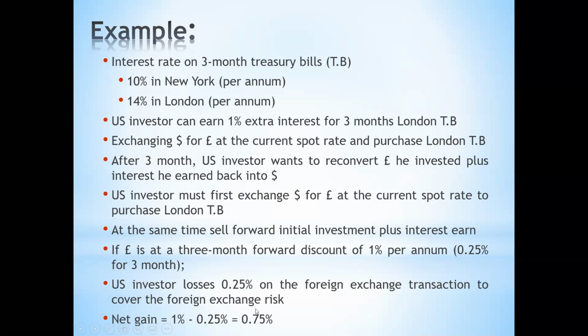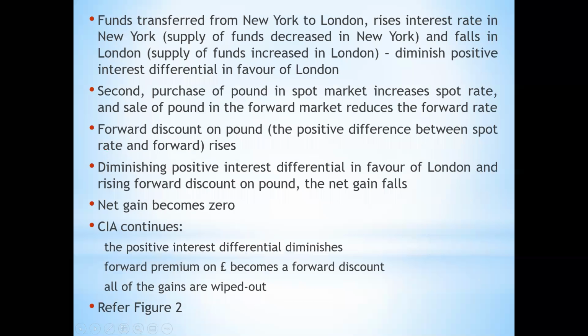So people are still dealing with interest arbitrage. But if this process continues, this 1% gain decreases and this forward discount increases, then what will happen to your net gain? This net gain becomes 0, right? If this interest arbitrage continues, I will come to the covered interest arbitrage point later, okay?